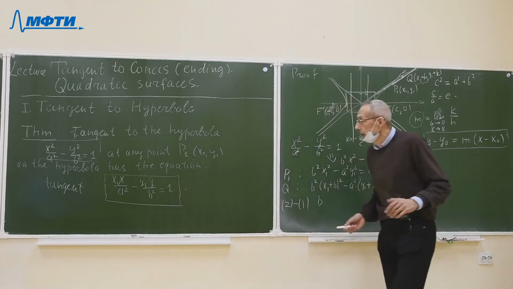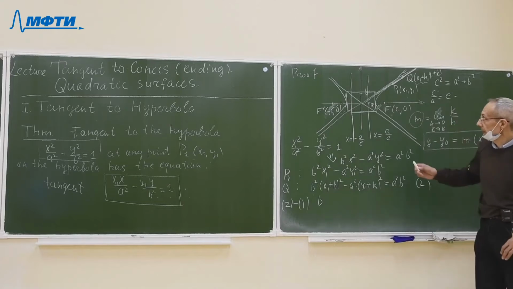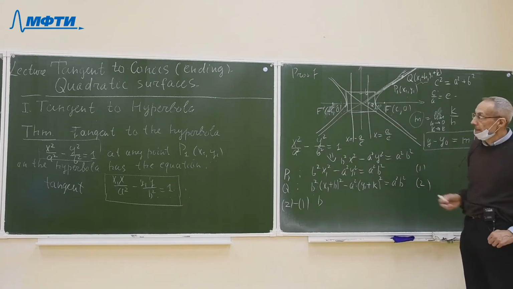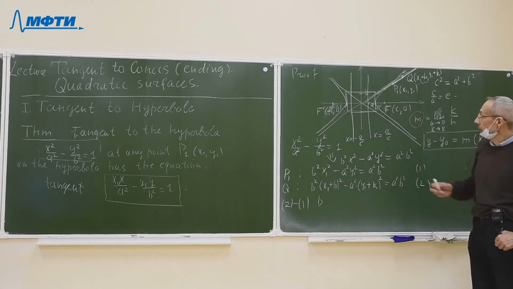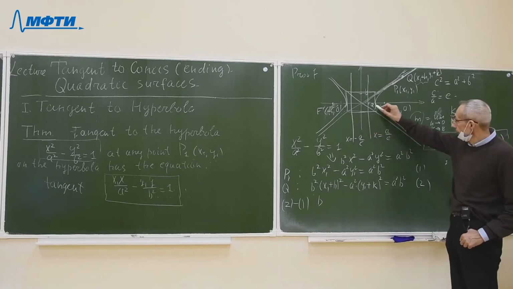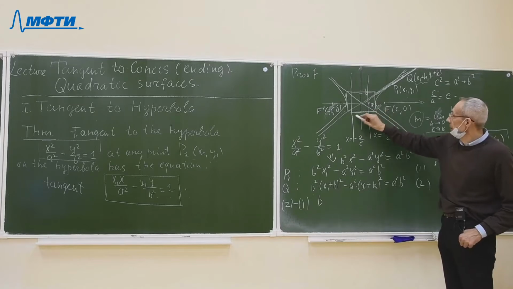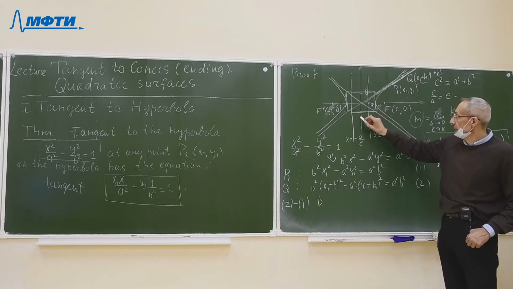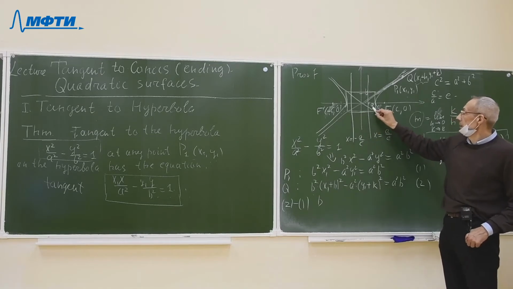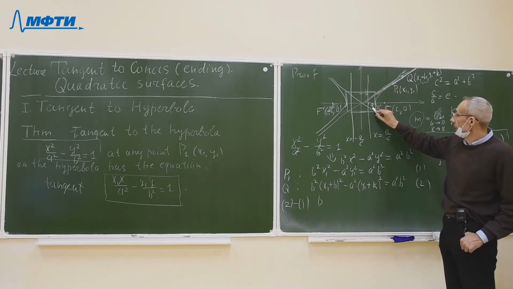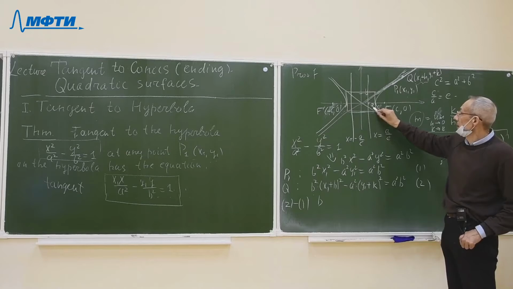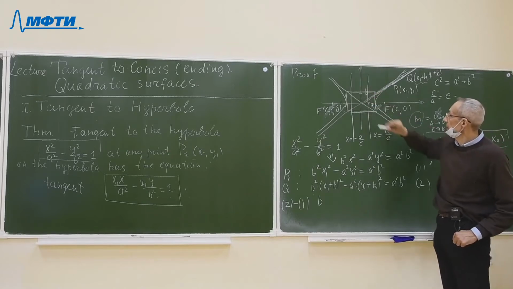And now the proof of this theorem. Let's consider the hyperbola. We have the basic rectangle of the hyperbola, which has the following size. One side has length twice a, the other side twice b.